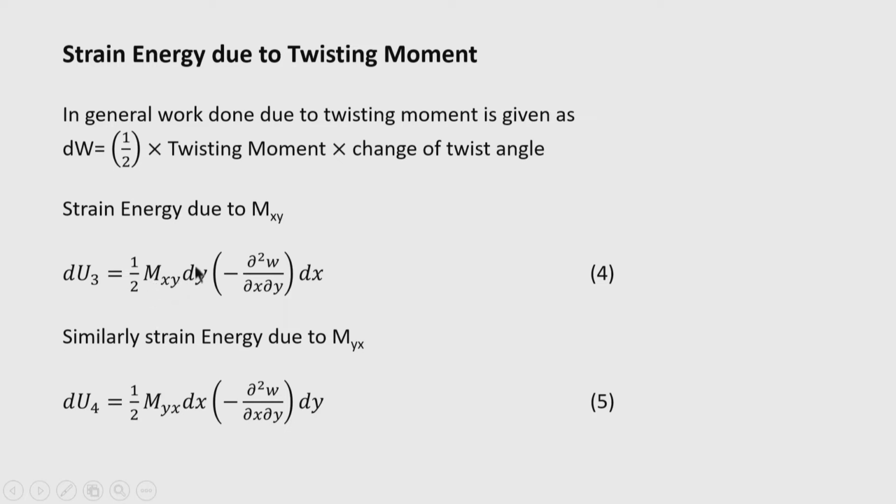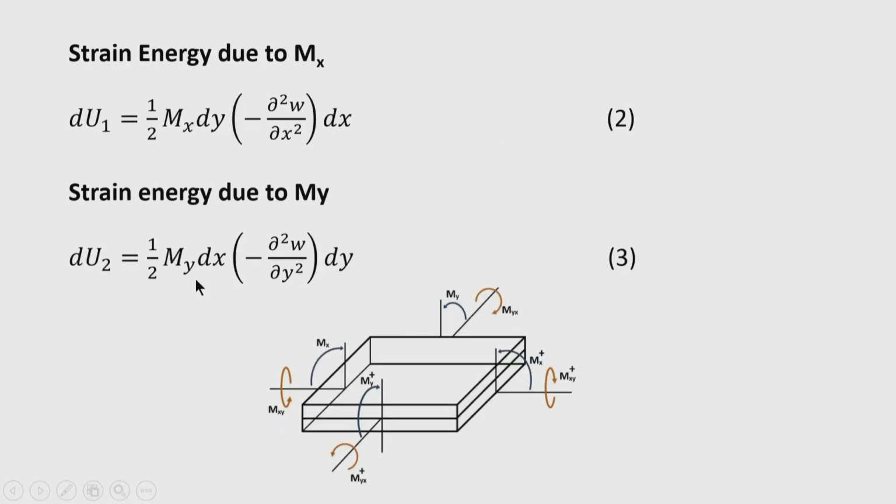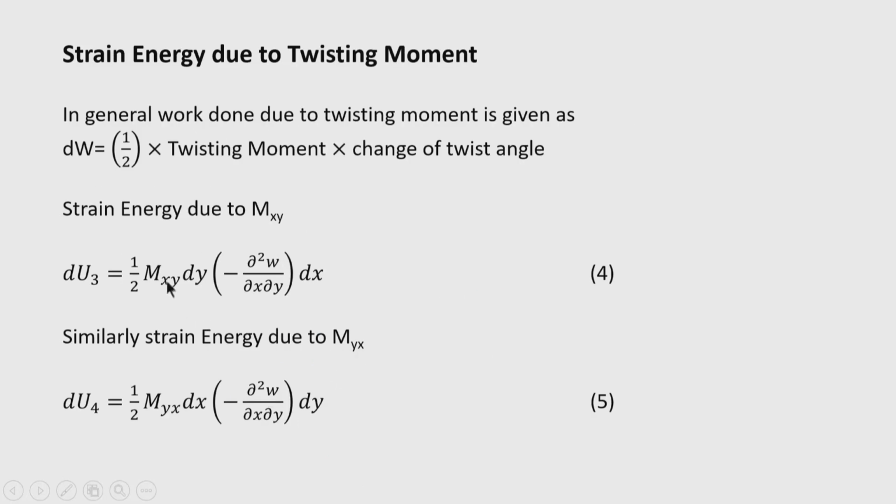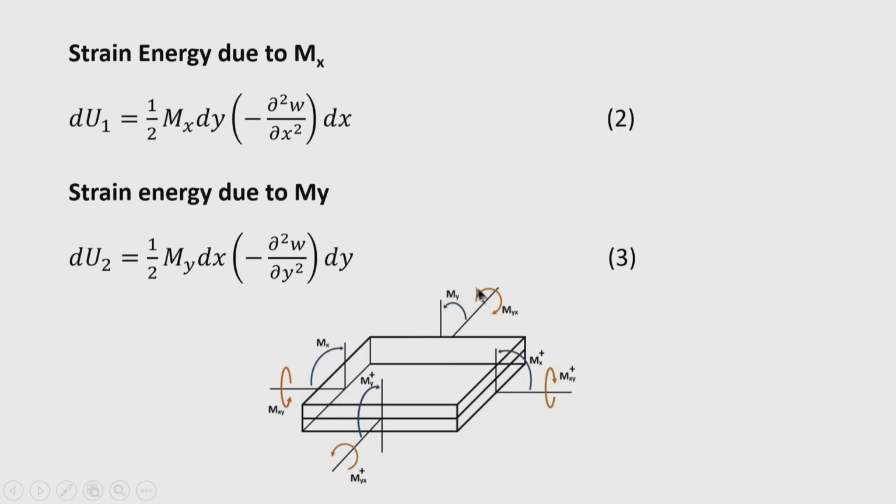Half Mxy dy is the twisting moment acting along the edge which is parallel to the y axis. Then the change of twist angle is taken here, and this gives the strain energy due to Mxy. Similarly, the strain energy due to Myx on the other edge can also be calculated using this relationship.